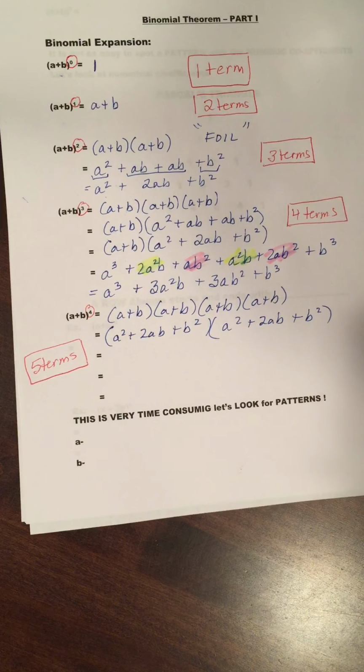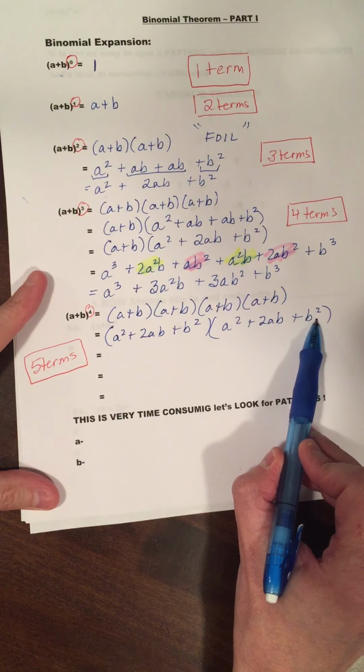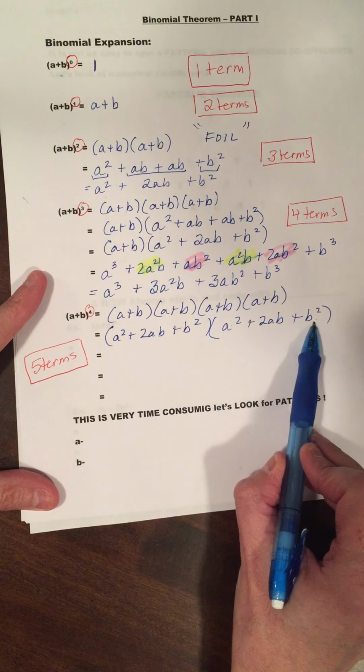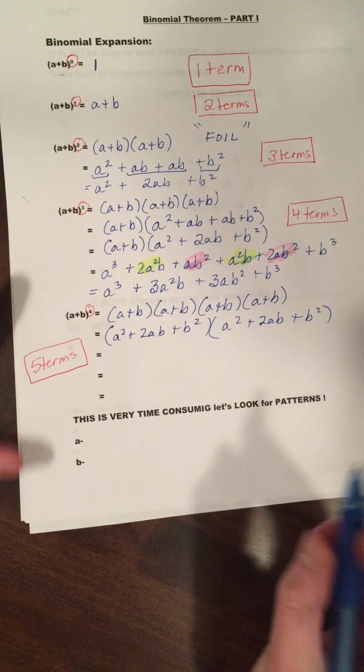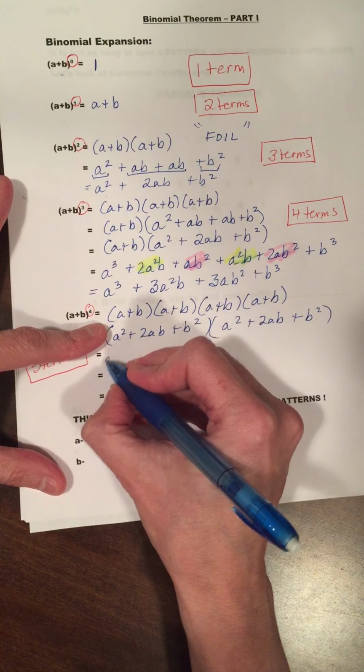Now, what I've got going on here is what I call another party analogy. A squared's got to go in and speak to all of these people in this party. 2AB has to speak to all of them. B squared has to speak to all of them. So let's go slow. Hopefully I don't make a silly mistake here. A squared times A squared.